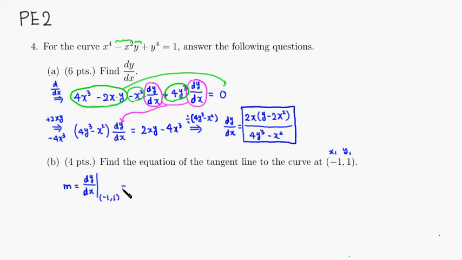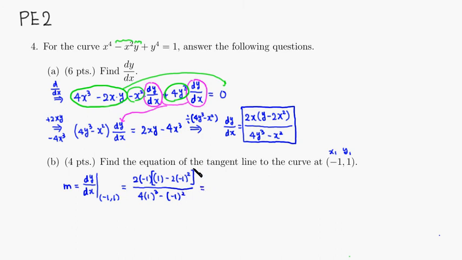So from part A, you get 2 times x, which is -1, times y, which is 1, minus 2 times x squared, which is -1 squared, all over 4 times y, which is 1 cubed, minus -1 squared.